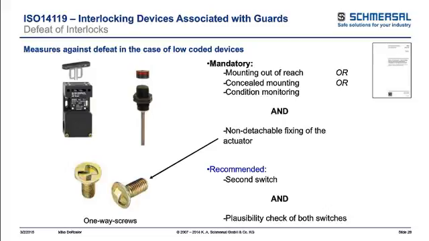When you look at standards, a lot of this has never been defined in previous standards. Here is now a standard that is clearly defining what is definitely required and what are the additional recommendations that you should put on switches, based off of the control, to try to prevent defeat of interlock switches.